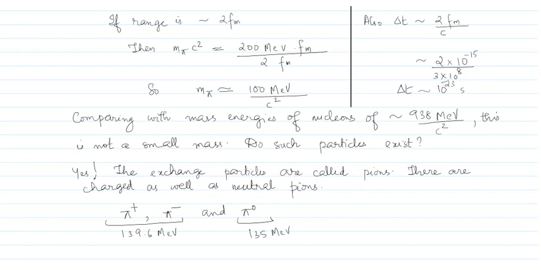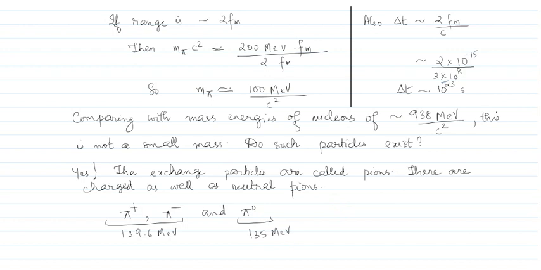There are three types of pions. There are two charged pions, positively charged and negatively charged, which have a rest mass energy of 139.6 MeV, and a neutral pion with a slightly lower rest mass energy of 135 MeV. These are the exchange particles which mediate interactions between neutrons and protons.